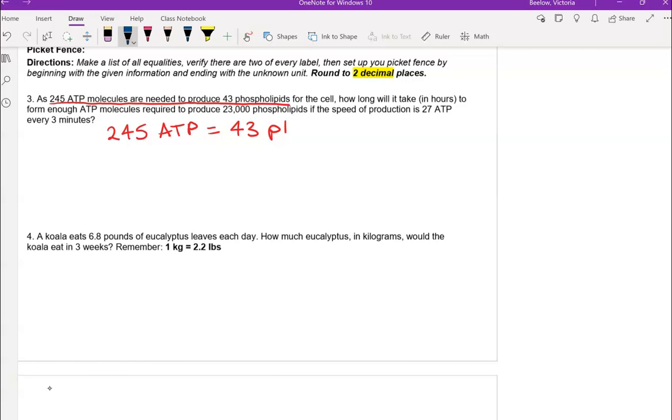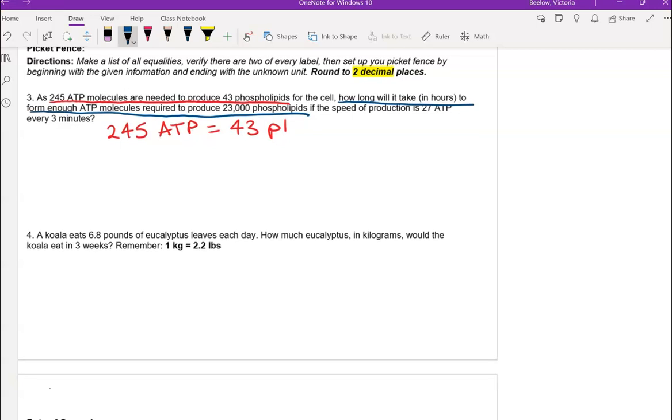And then it says, how long will it take in hours to form enough ATP required to produce 23,000 phospholipids? So I can see that I have 23,000 phospholipids, but I don't know what that's equal to. That's not equal to another number because it says, how long will it take in hours? I don't know how long in hours.